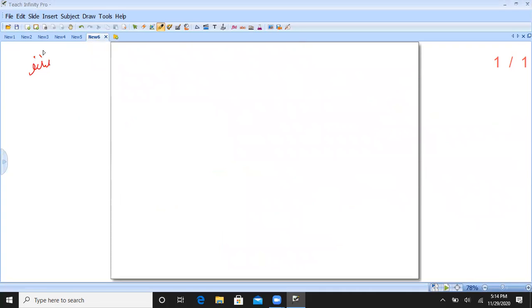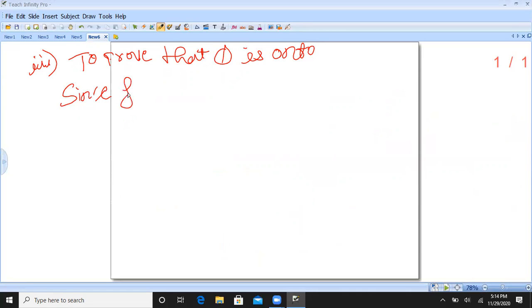The third proof is to prove that phi is onto. Phi is onto since f of G is a range.